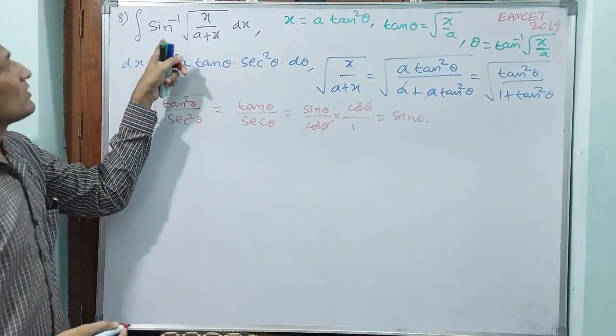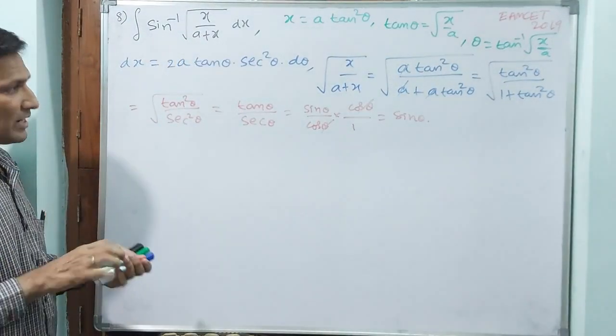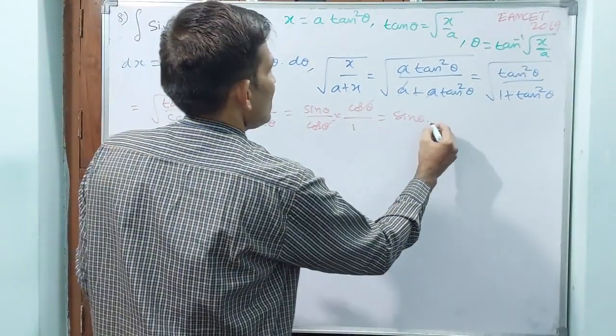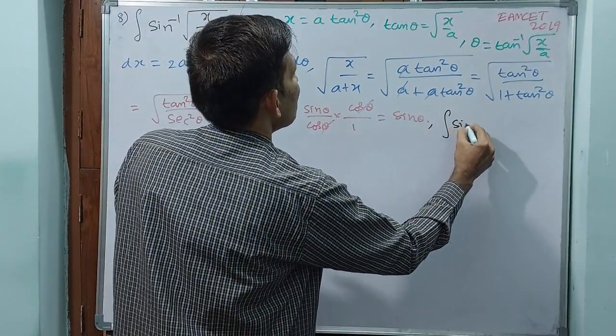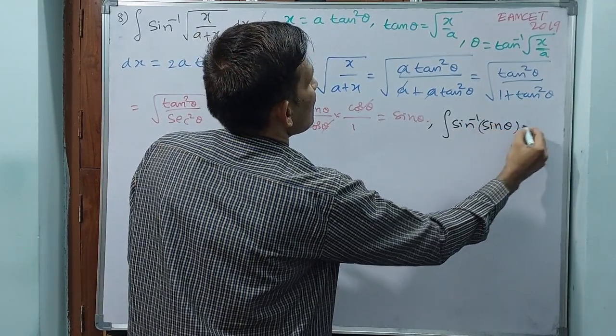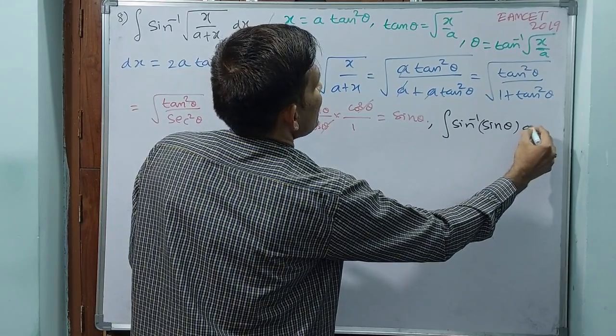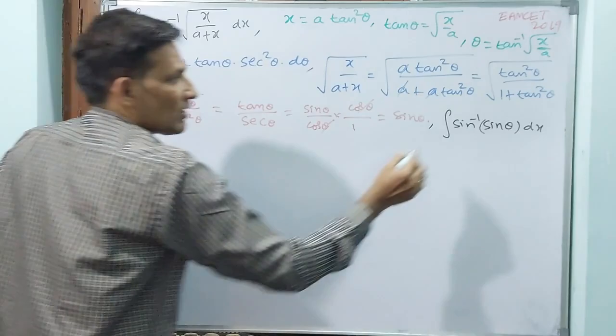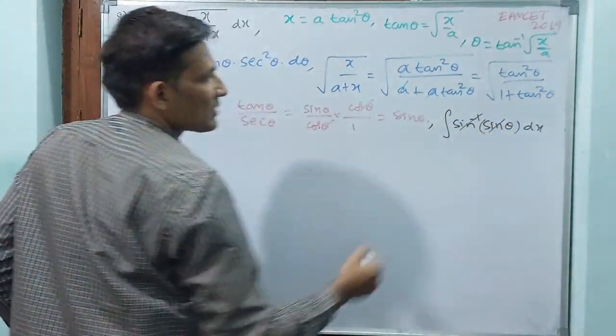Now this sin inverse of sin theta comes, means immediately you can make this as sin inverse of sin going to get cancelled out. That means you see comma I am keeping integral sin inverse of sin theta and dx. Dx only I am writing because dx is a little bit bigger. I will write here. Now you cancel these two, sin inverse of sin.